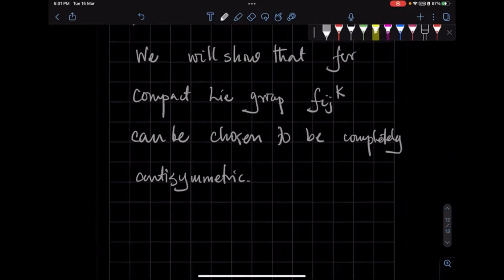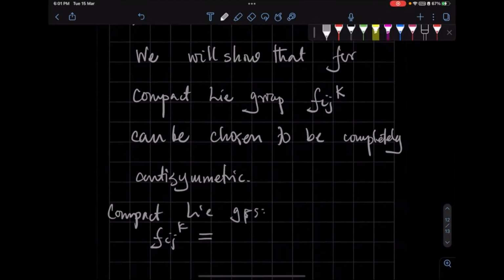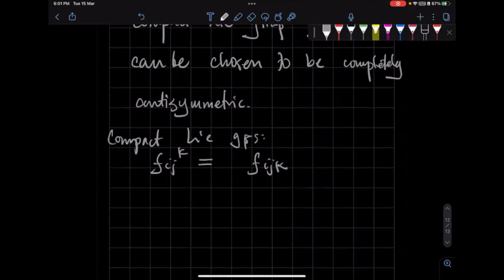But one can show that for compact Lie groups, we can write these f_ijk as completely antisymmetric, meaning that if you symmetrize over any of the indices, they will be 0.